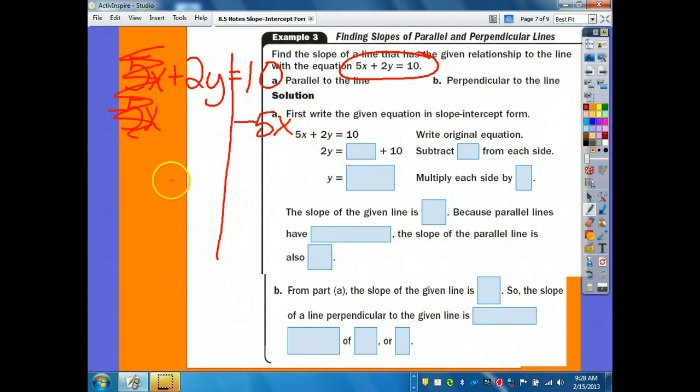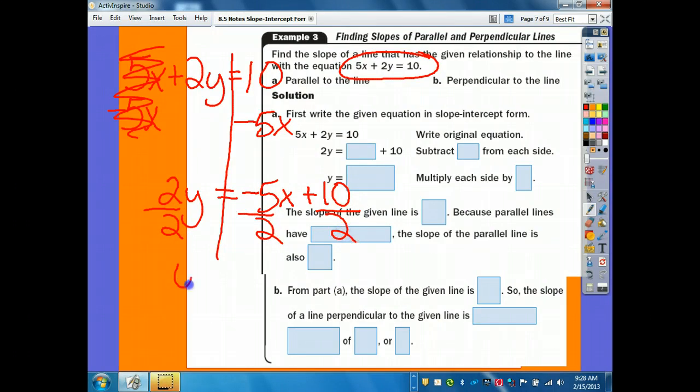I've got 2y left over here. 2y equals, do I put my 10 first or my negative 5x first? Negative 5x. Put my negative 5x first and then plus 10. Am I done? No. What do I do? Final step: divide everything by 2.